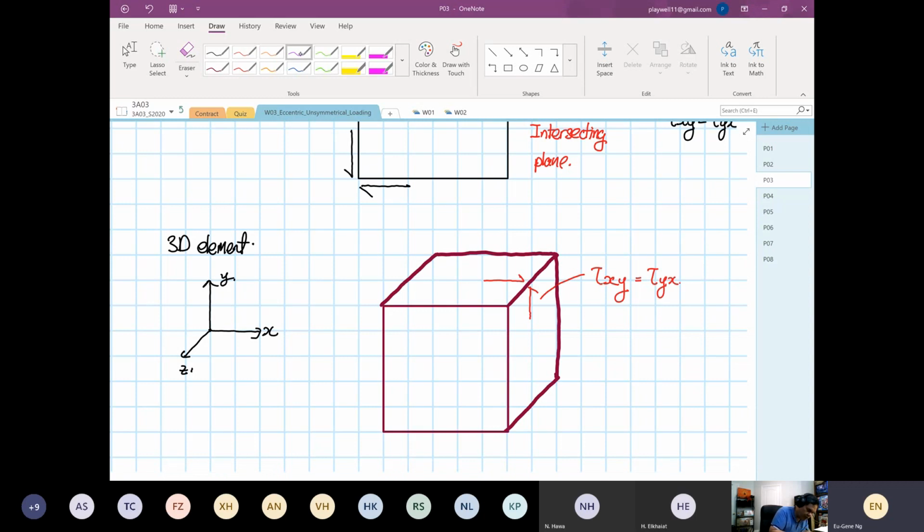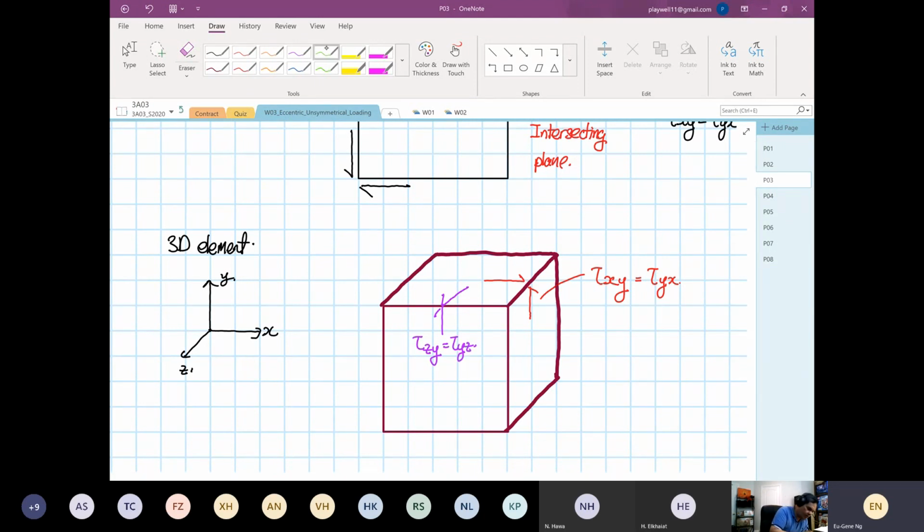I'm going to pick a different color. So that's our shear, and that is equal to what? The shear on the plane that I'm writing on now. That plane intersects the z-axis, and the direction of the stress is y. So this is equal to shear yz.